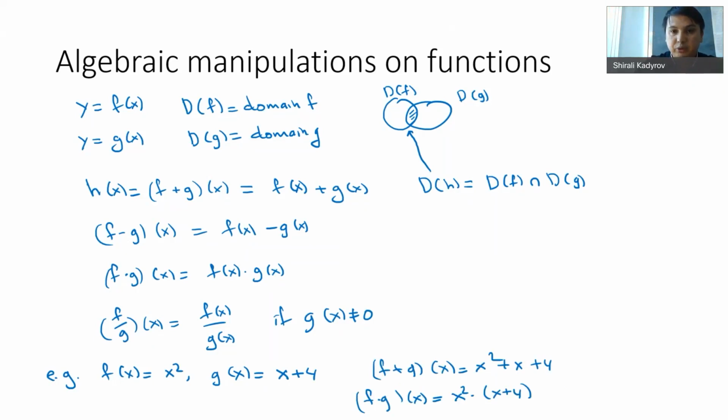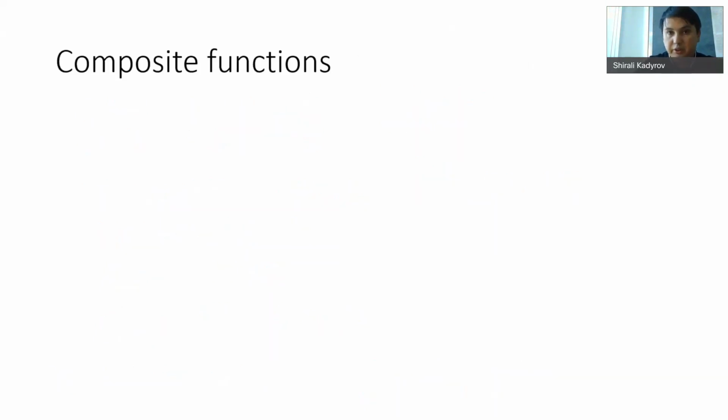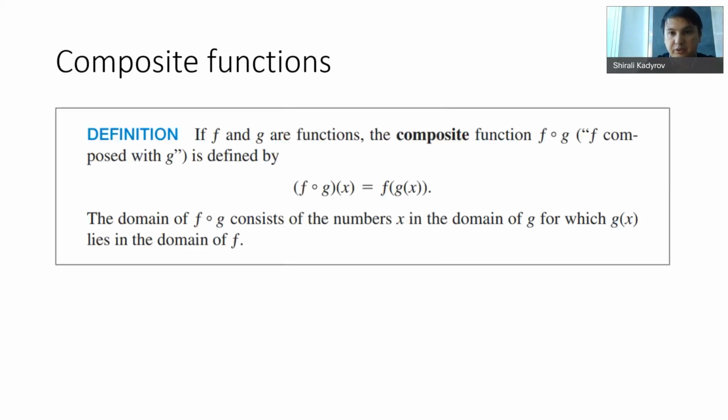Let's move on to the composite functions now. Again, if you have two functions, you want to take their composite, then it becomes a new function. So here's the definition of composite of two functions. It's represented by this little circle, f composite with g, or we also sometimes call it f o g.